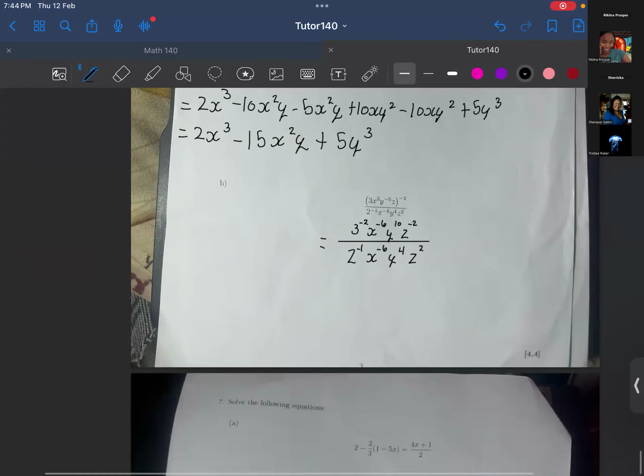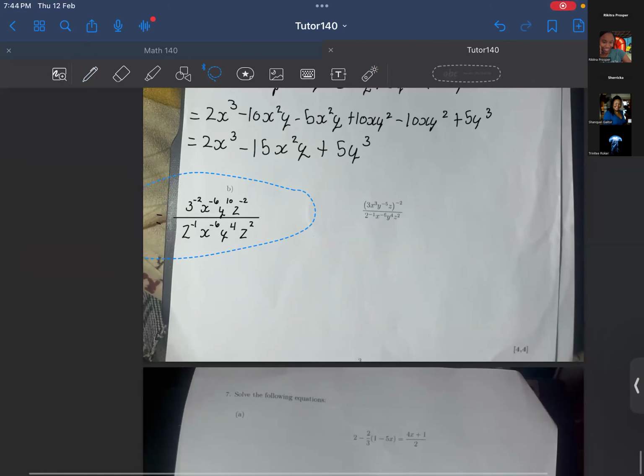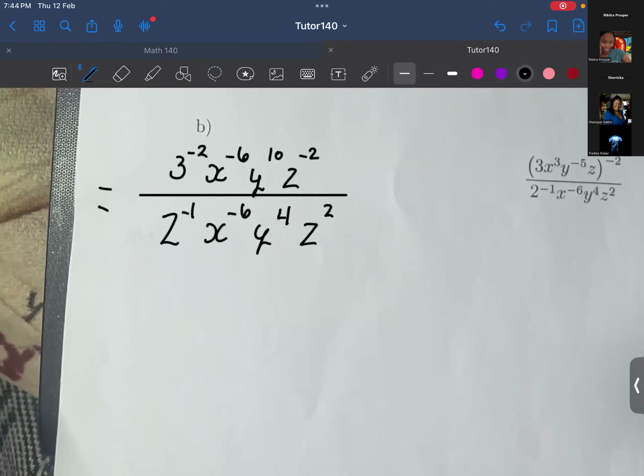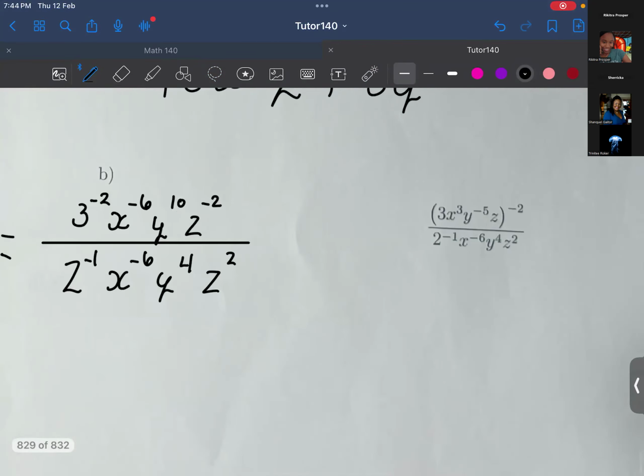Okay, so equal. Your next step would be to use the quotient rule.